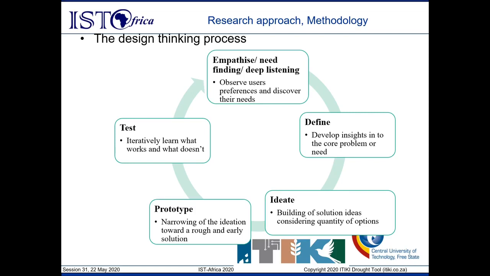Give them a chance to use it in real life, from one season to another, from one community to another, so that we're able to learn what works and what does not work for them, so that the whole process starts all over again, iteratively, like it is the case with design thinking.